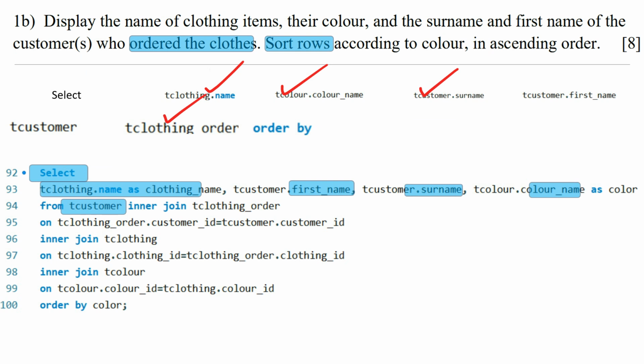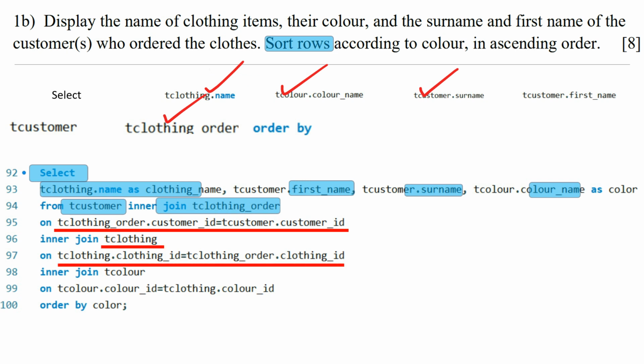Then we go to line number 94. We are selecting this from T customer, where we have an inner join, which is joining T clothing order. And it's joining on what condition? On the condition that the T clothing order customer ID is equal to T customer's customer ID. We join it again with T clothing.